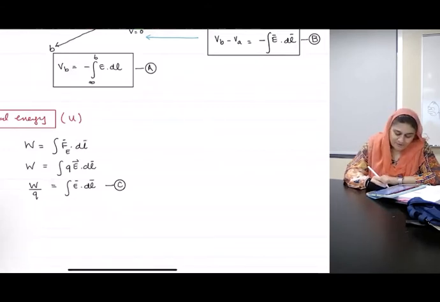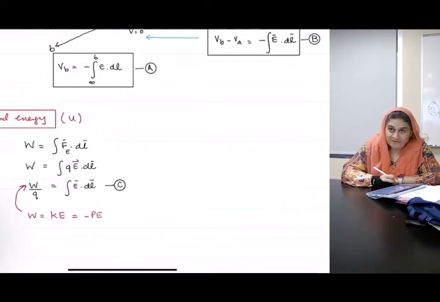So this also, we know, work, from what we put in the box, is the work kinetic energy theorem or minus potential energy. Do you remember that? The first part is the work kinetic energy theorem. The second part is the conservation of energy.